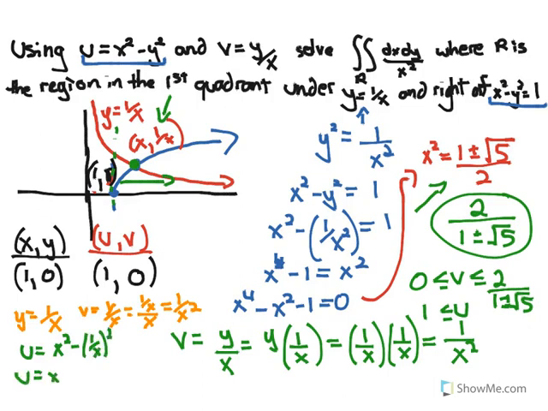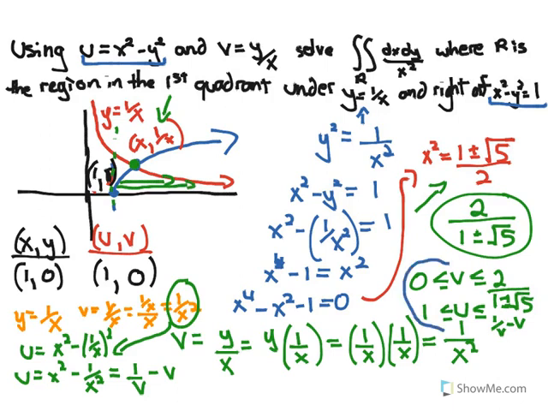So u equals x squared minus 1 over x squared. And we just said that v is equal to 1 over x squared. So u in terms of v, I'm basically taking this and putting it in here. So this becomes 1 over v minus v. Therefore my u goes from 1 to 1 over v minus v, basically anywhere it hits that curve, right? All the horizontal lines. So I'm going to circle that piece, because those are going to be my limits.